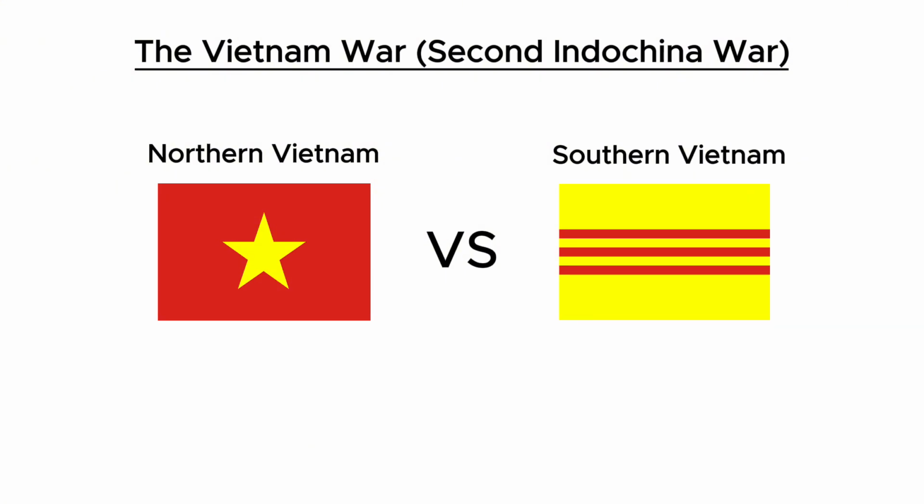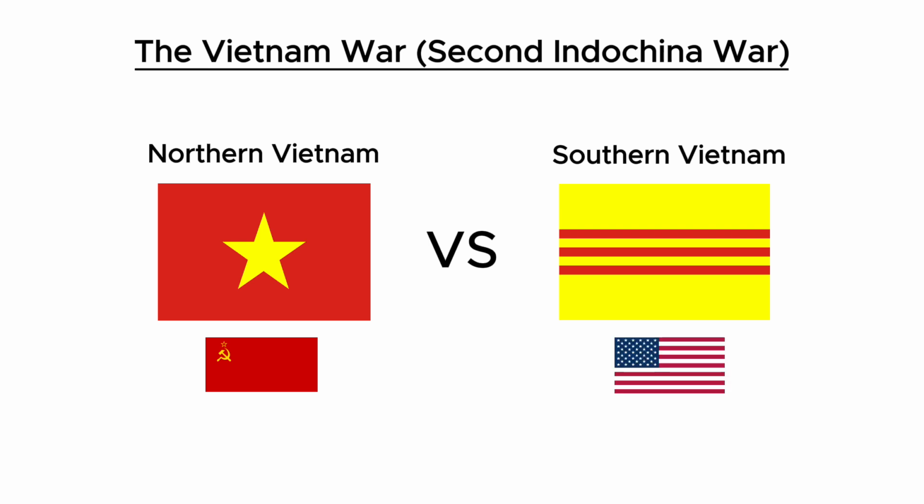As most people know, this was a kind of proxy war between capitalism and communism, with the North, the Viet Cong, or Democratic Republic of Vietnam, backed by China and Russia, versus the Republic of Vietnam in the South, backed by Western powers, specifically the US. After tensions rising and help being sent by the US, they finally fully committed to sending troops in 1965. This is when the bombing campaign and our data collection starts.